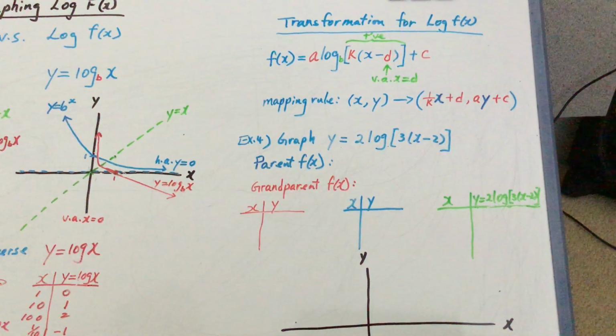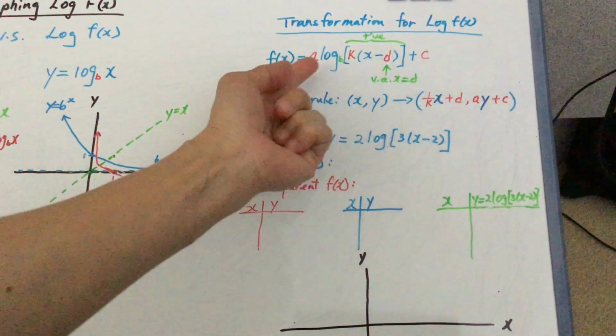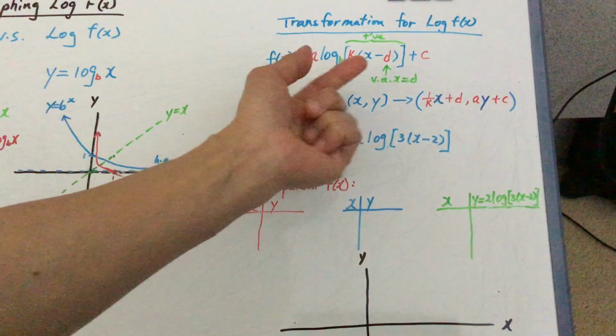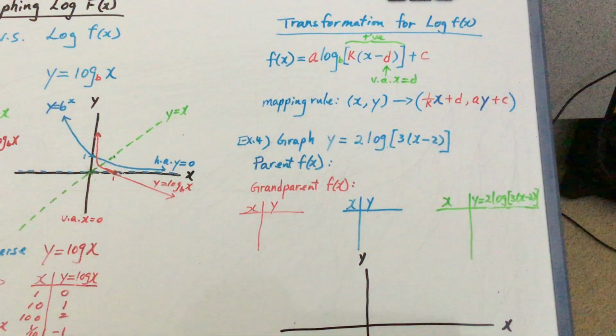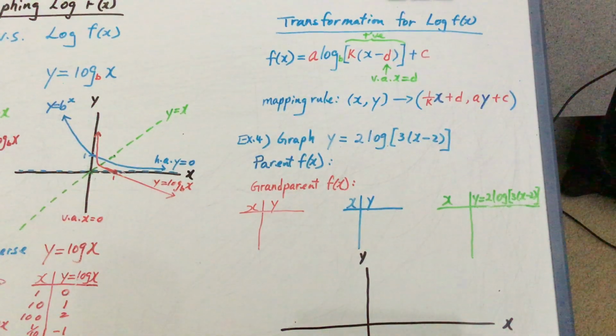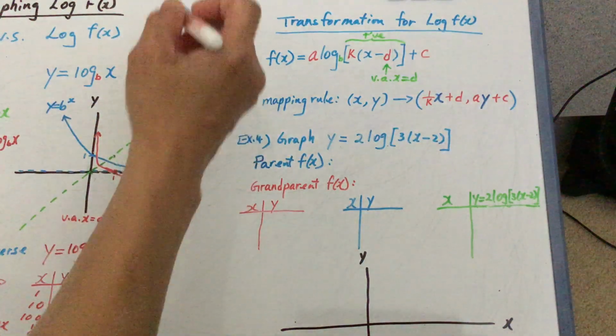But the only thing you have to keep in mind is that this bracket after the log, whatever the base is, always has to be positive. Why? I hope everybody still remembers one of the facts we talked about.